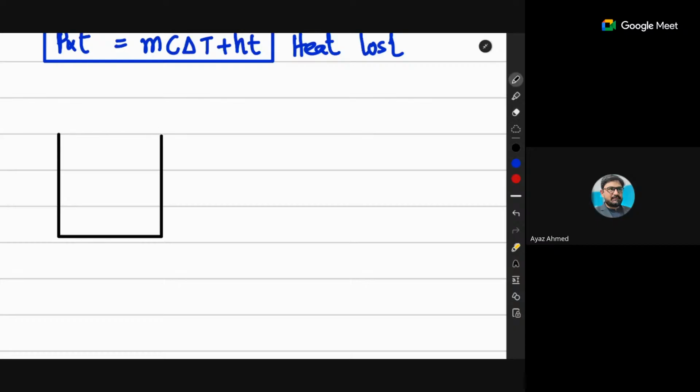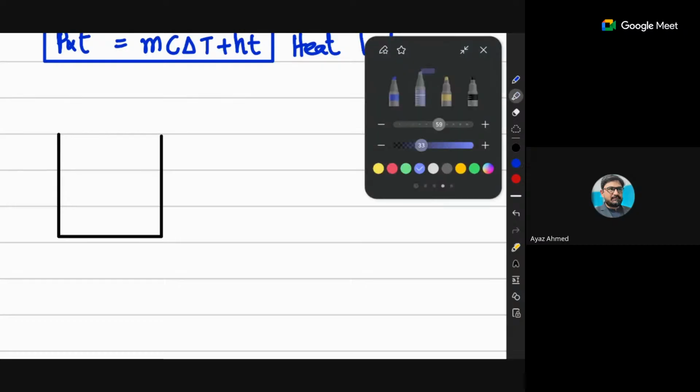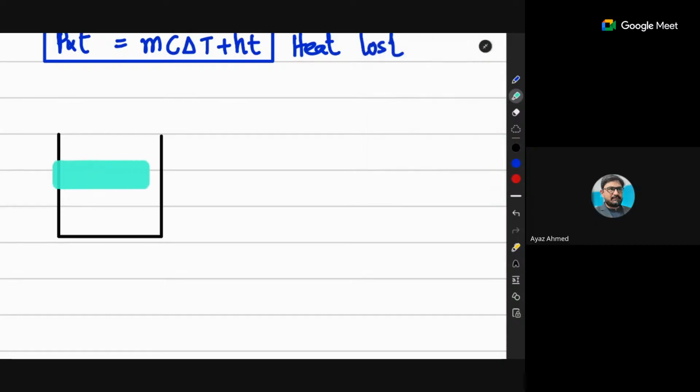I will give you some values here. Some water is placed inside, and the mass will be given to you. This is a question from one of your past papers. This is the water filled in the container.